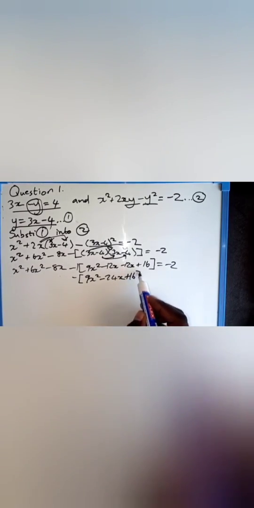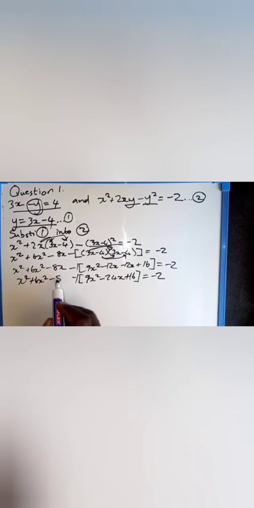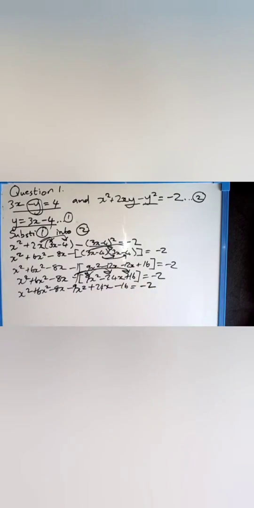Then this bracket will become negative 9x squared plus 24x minus 16, is equal to negative 2.